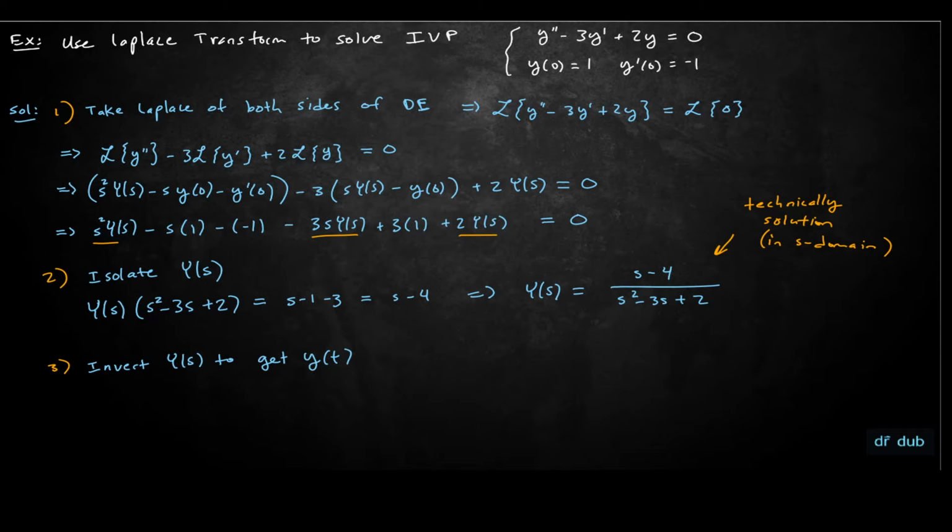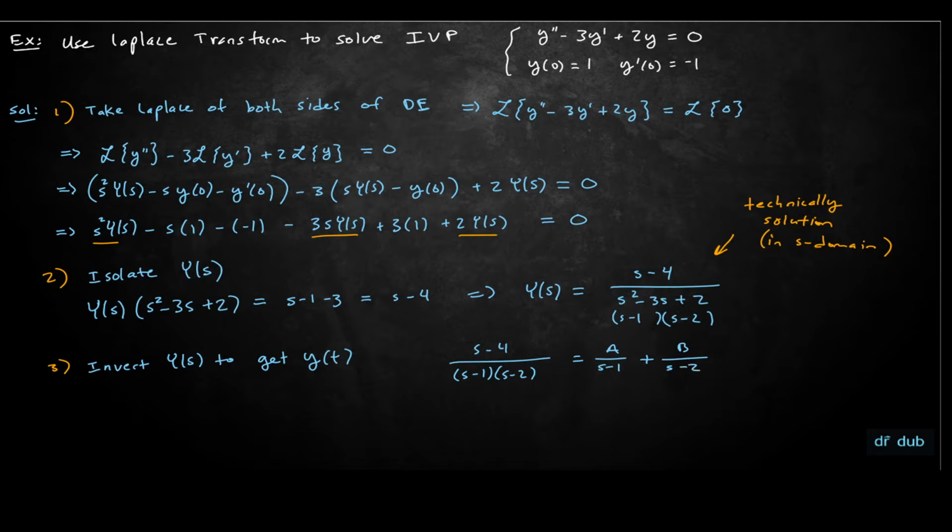Now, to invert this, I'm going to do partial fraction decomposition. Let's see, does this denominator factor as s minus 1, s minus 2? Yeah. Bam, just like that. So s minus 4 over (s minus 1)(s minus 2) equals A over s minus 1 plus B over s minus 2.